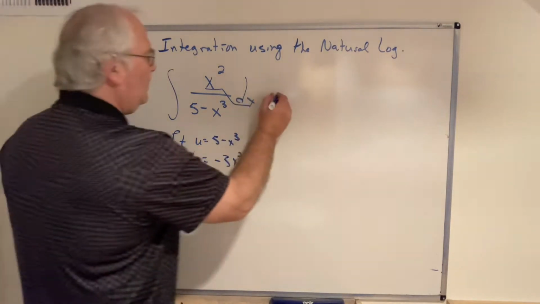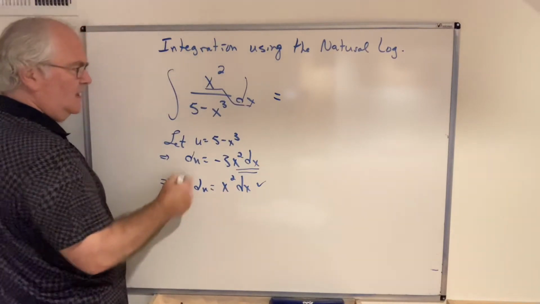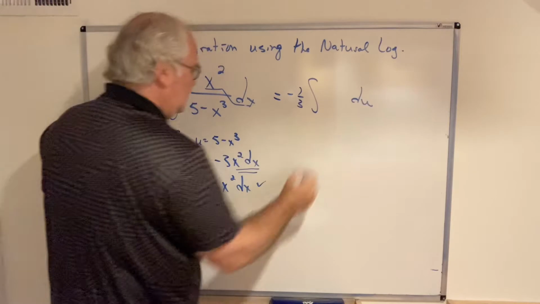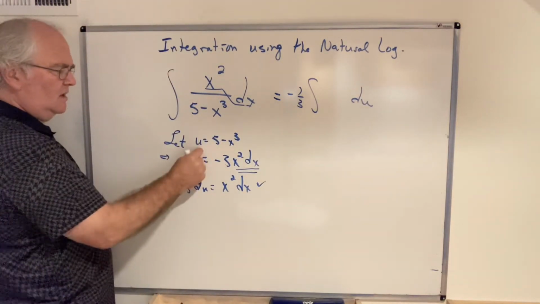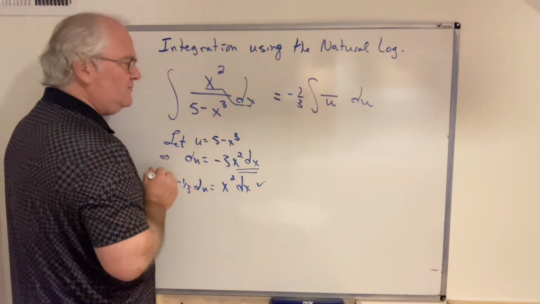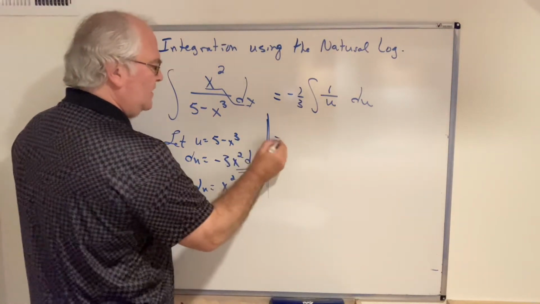Everything is accounted for, so x squared dx is negative 1/3 du, and 5 minus x cubed is u, but that's in the denominator. If the numerator is vacant, insert a 1. And then this follows the natural log pattern.